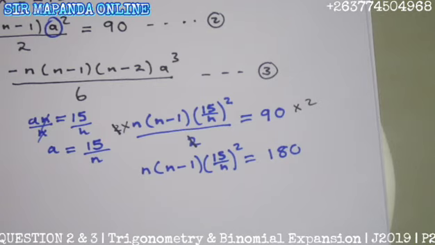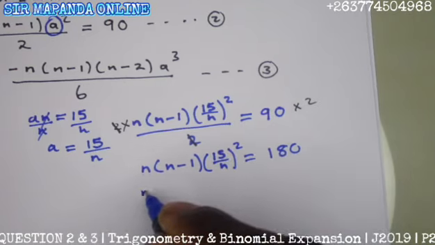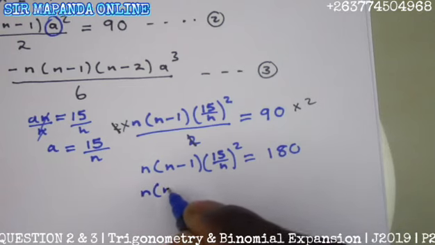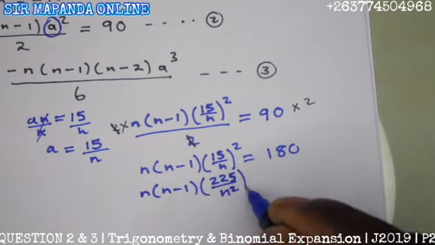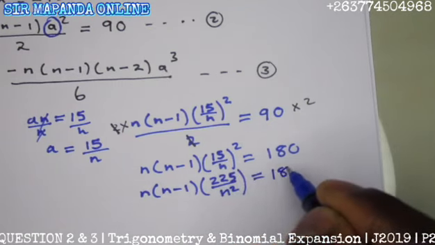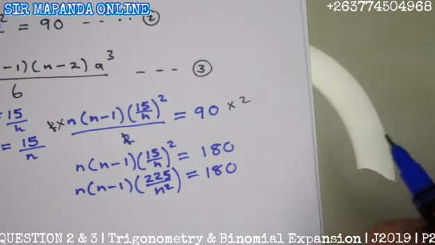Right. So according to the laws of indices, the power 2 is going to affect both 15 and n. Meaning to say, 15 over n raised to the power 2, you get 15 squared divided by n squared, which is as good as 225 over n squared is equal to 180.